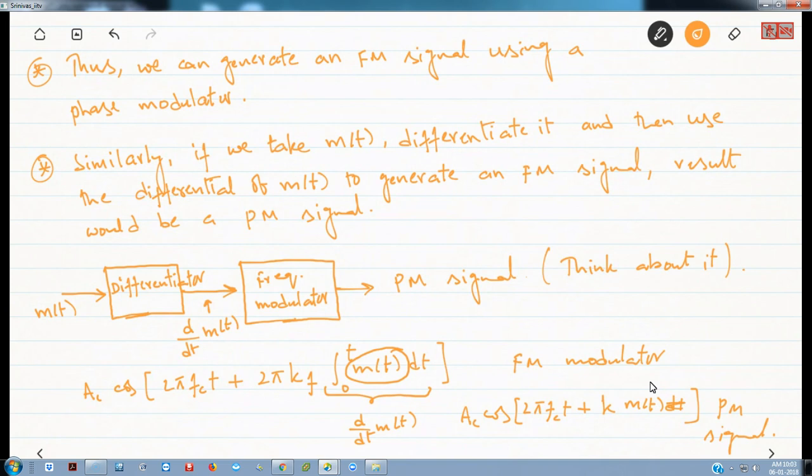Right? So this means that if we know the phase modulated signal, we can obtain the frequency modulated signal, and if we know the frequency modulated signal, we can obtain the phase modulated signal. So this property holds good.